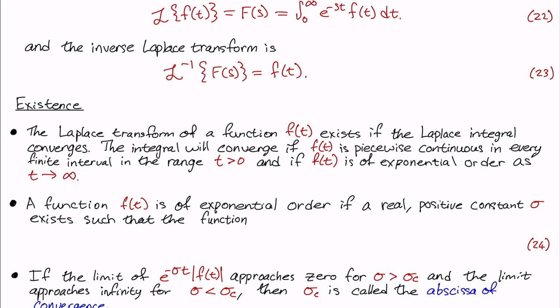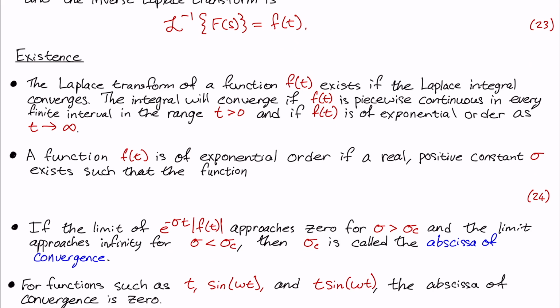And we're going to talk more about that in a moment. The key thing here is that we're considering what happens after t equals 0. We don't really care what happens before that point. Which works well because generally when we're looking at differential equations, we're defining what the initial conditions were, not what happened in the far past.